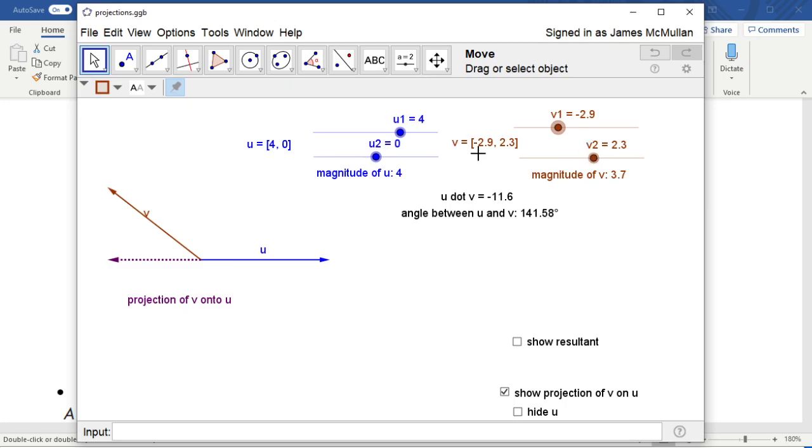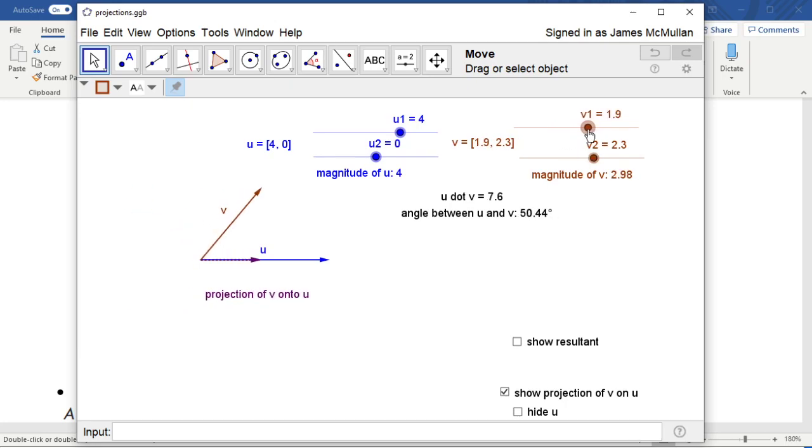So let's just recap this for a second. If the angle is acute, you will project in the direction of U. If the angle is 90, you will just project a 0. If the angle is obtuse, you will project in the opposite direction of U.